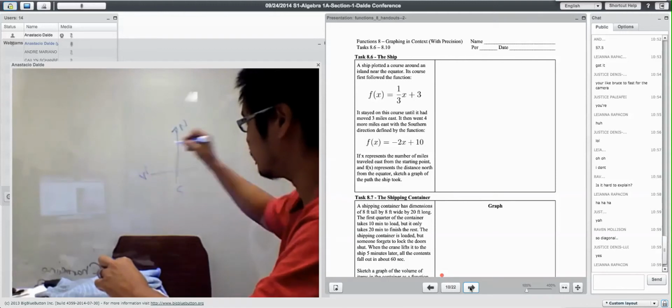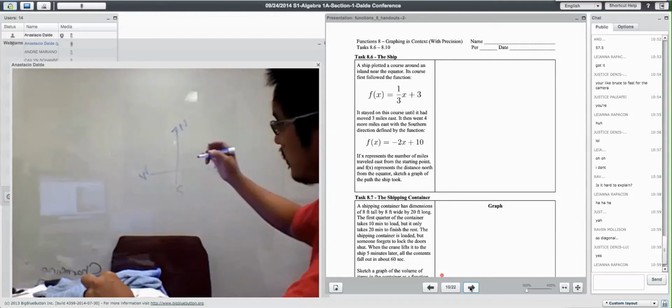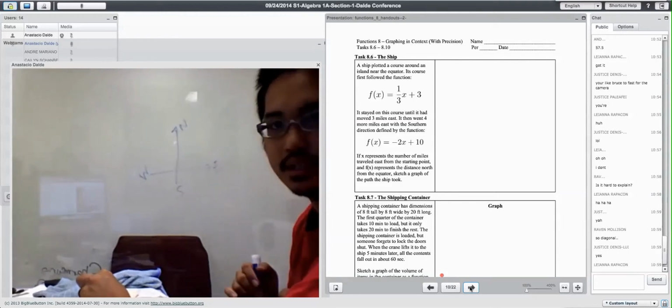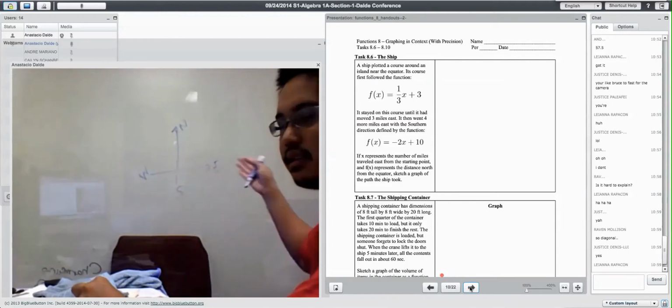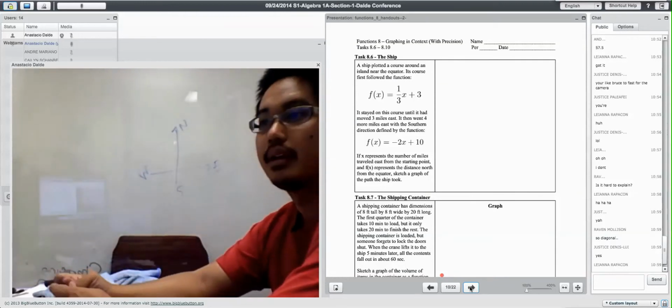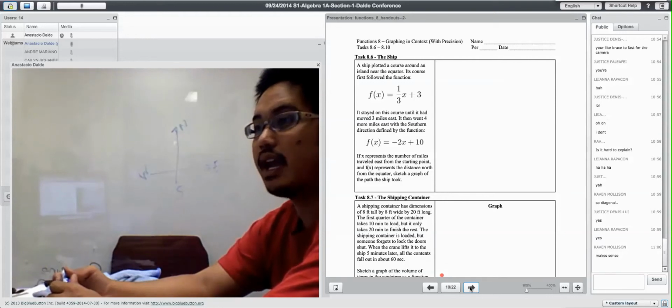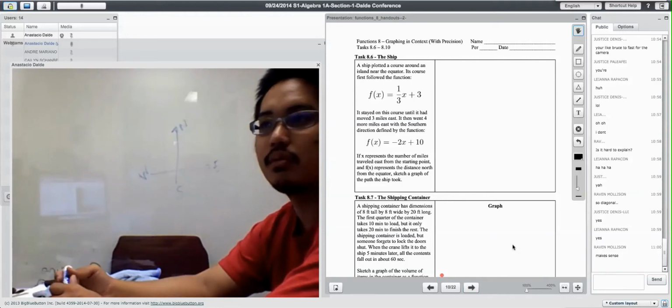The way this ship goes is it's going to go in this upward diagonal direction. For every x you come out, it actually goes north a little bit. Okay? I'll show you what I mean.